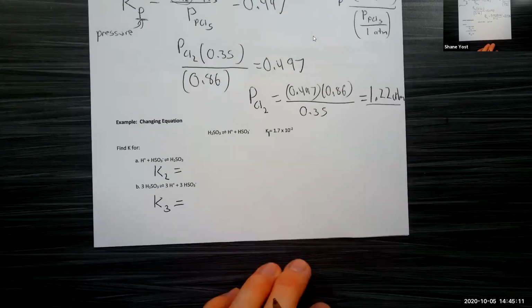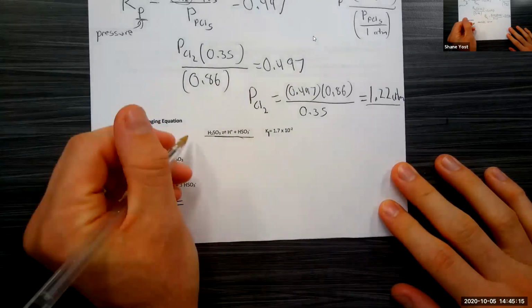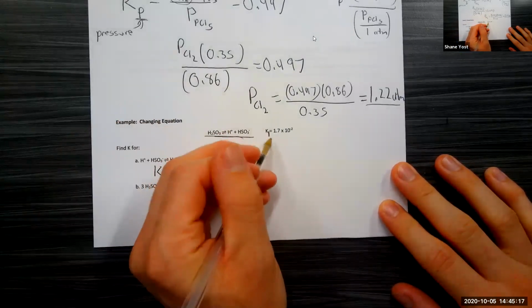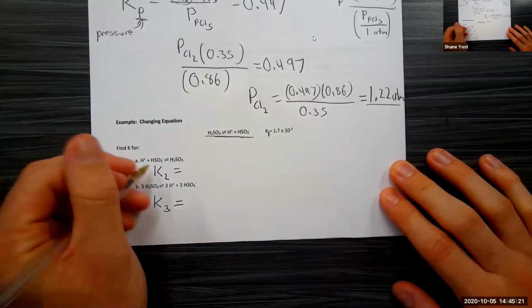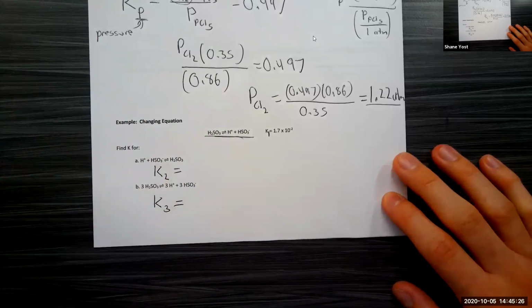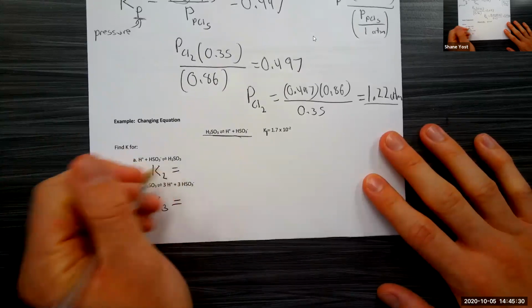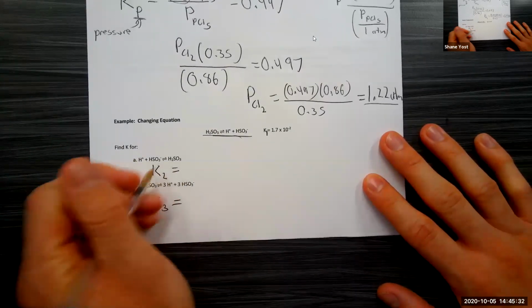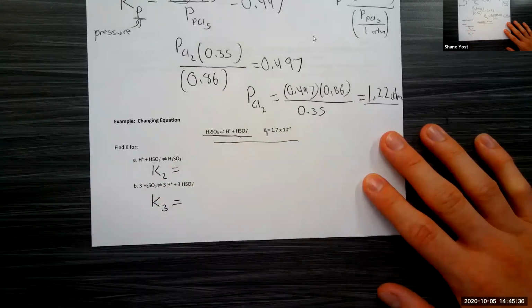I'm going to call the given reaction reaction 1, and its equilibrium constant K1 is 1.7 times 10 to the minus 2. For reaction A, H+ plus HSO3- going to H2SO3, how would I calculate that equilibrium constant based off the value given for K1?